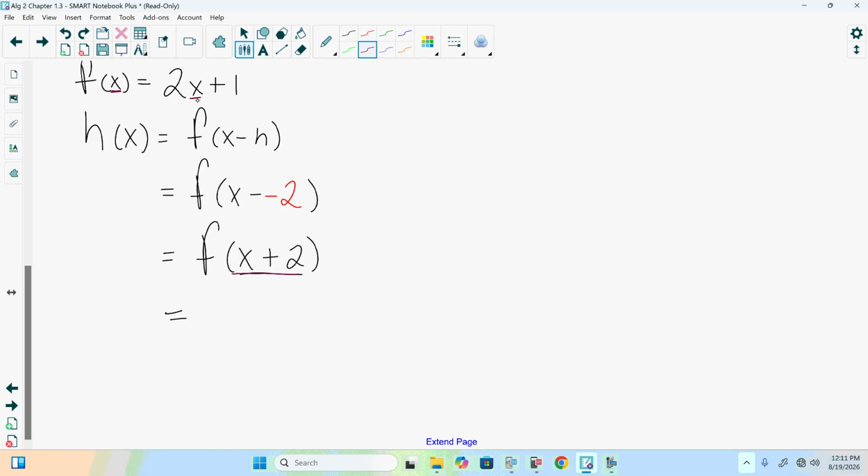So that means this x here has to also be replaced with this. So the 2 is still the same, but instead of x, we have x plus 2, plus 1.